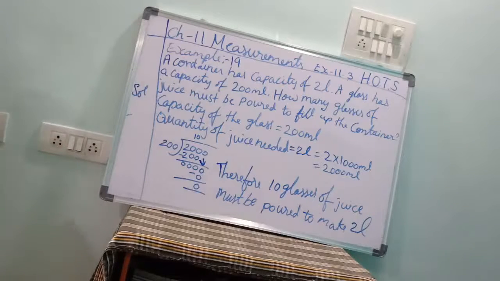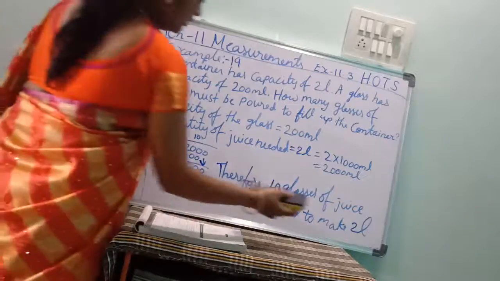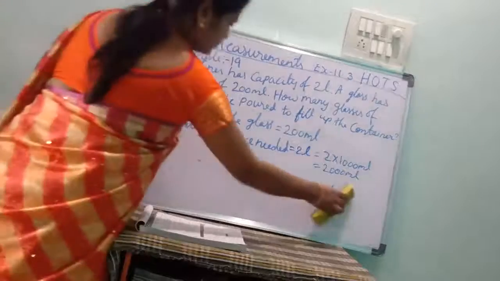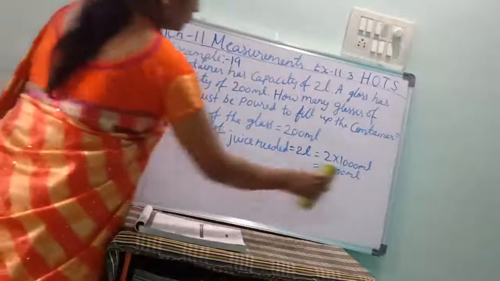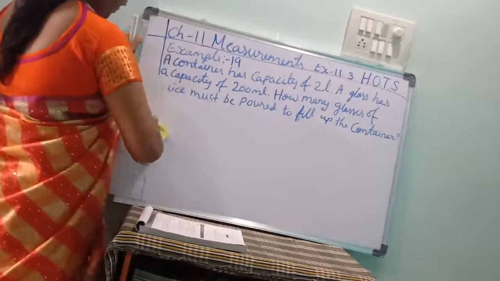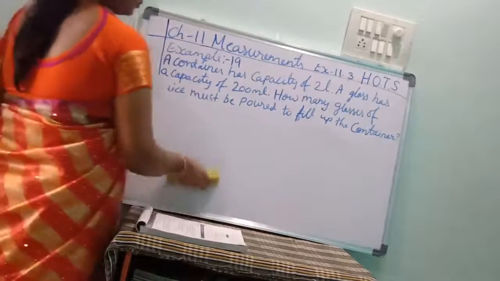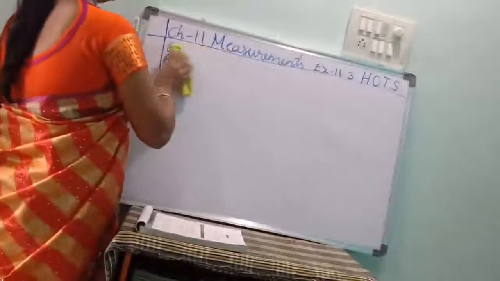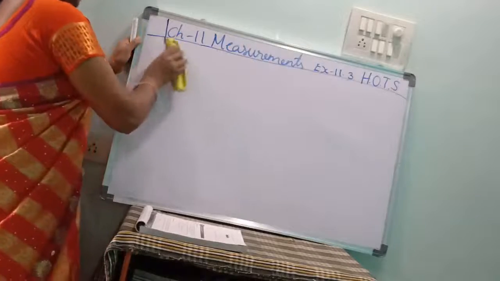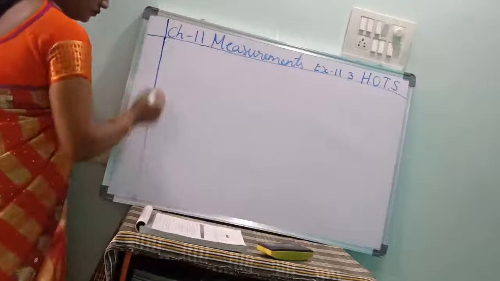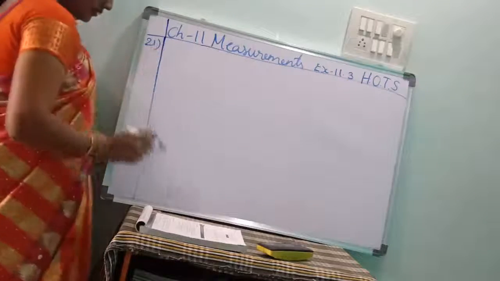See children, next, 21st one. Higher order thinking skills. The workbook part. Take out your workbook part, children. First one.